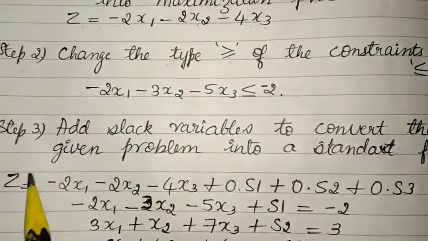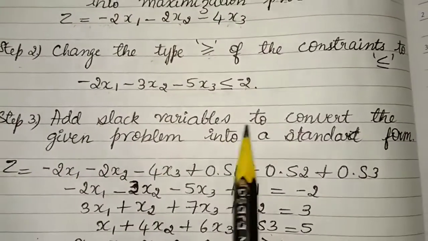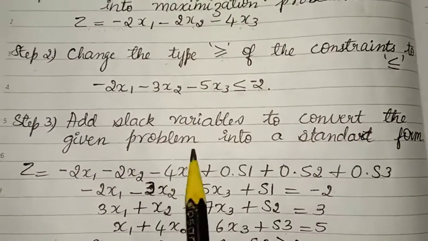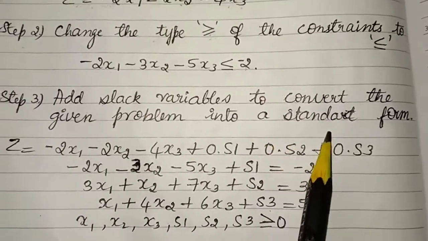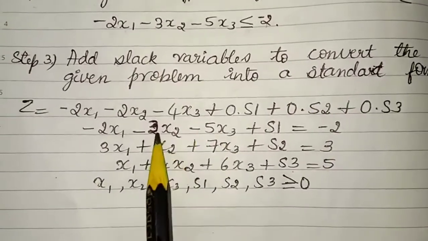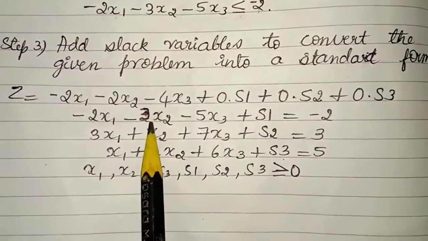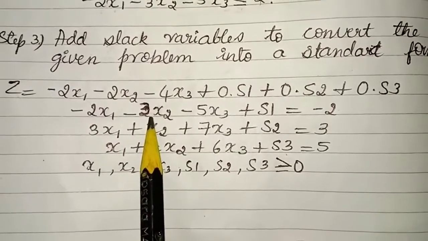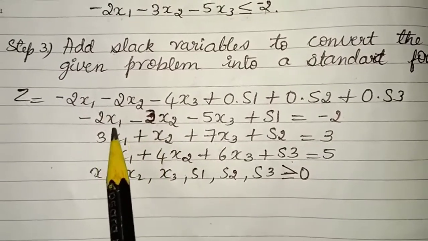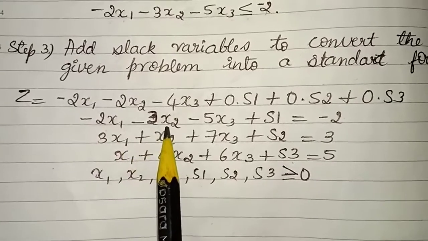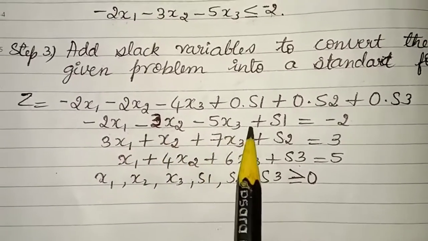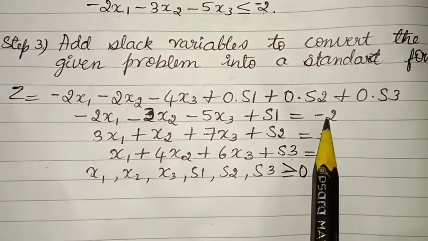In the third step, you have to add slack variables to convert the given problem into standard form. We have 3 variables here, so you have to add 3 slack variables. It will be minus 2x1 minus 3x2 minus 5x3 plus s1 equal to minus 2.